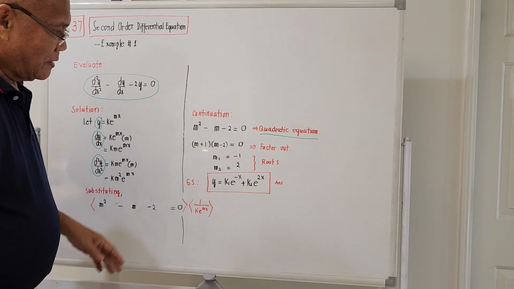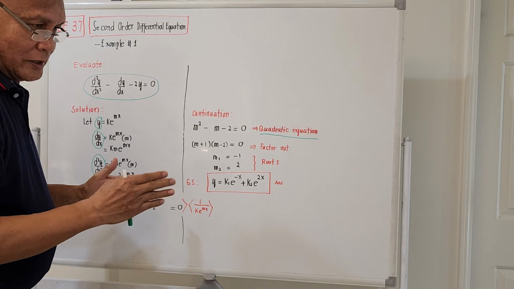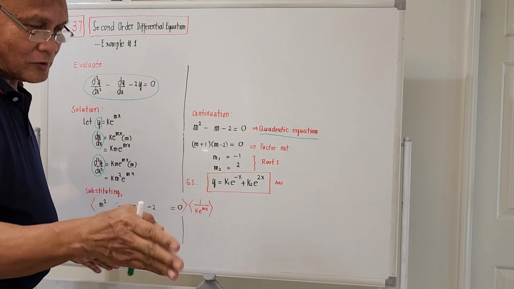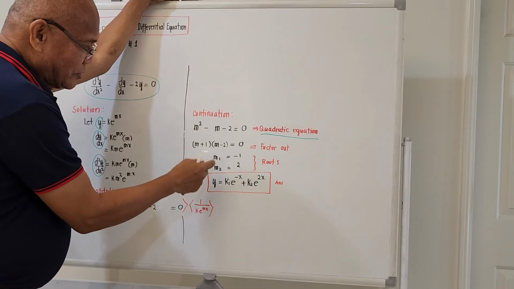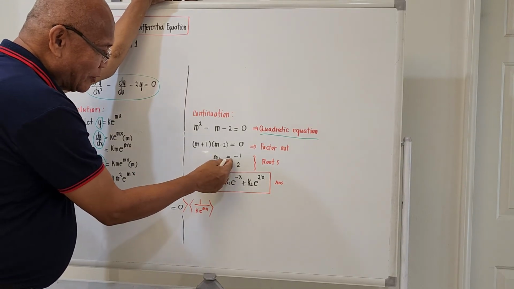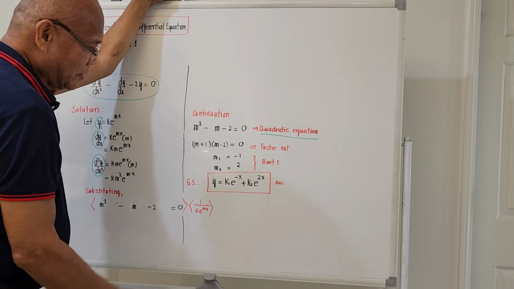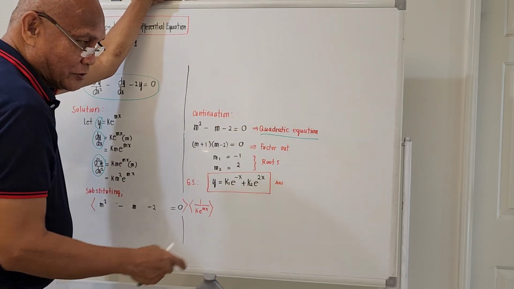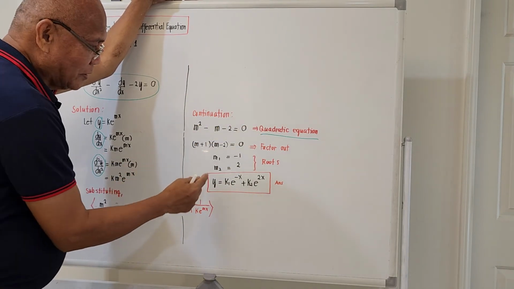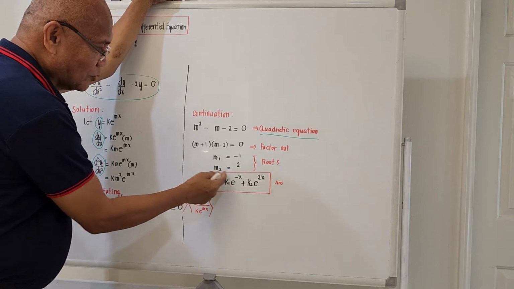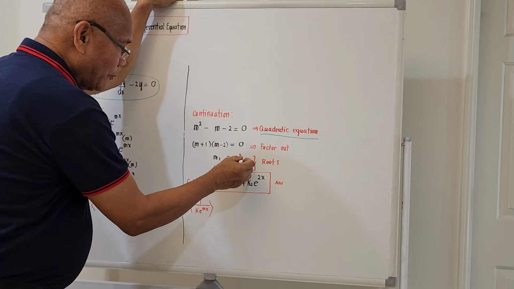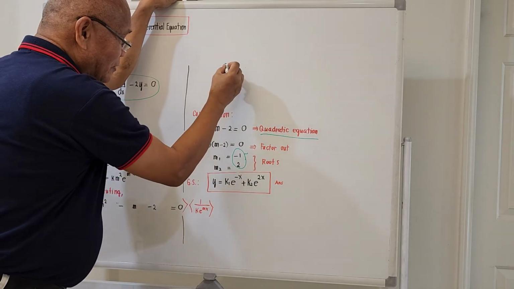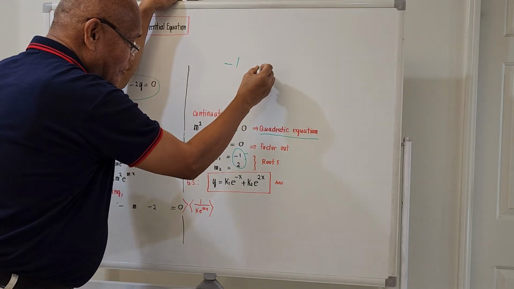Under algebra, we equate each factor to 0. M plus 1 equal to 0, so m1 will be equal to minus 1 after the transposition. M minus 2 equal to 0, therefore m2 will be equal to plus 2. So the values of m1 and m2 are minus 1 and 2.